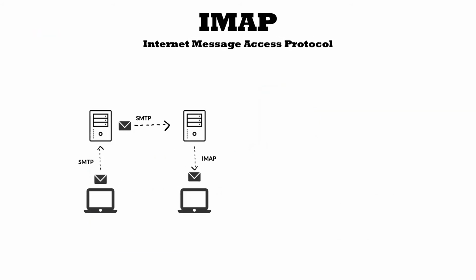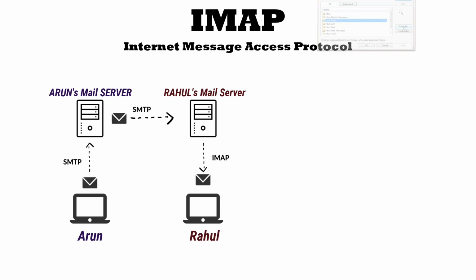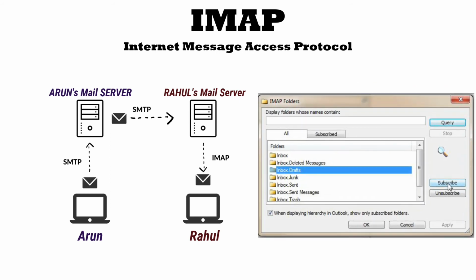Next one is IMAP, that is Internet Message Access Protocol. Like POP3, IMAP is a mail access protocol. It has many more features than POP3, and an IMAP server will associate each message with a folder. When a message first arrives at the server, it is associated with the recipient's inbox folder.